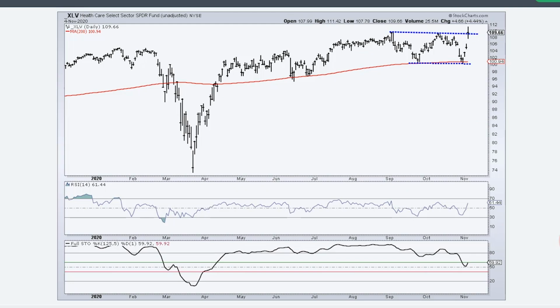Now, of course, the big move yesterday, Wednesday, was in healthcare. Everything healthcare related surged. Here's the healthcare SPDR XLV hitting a new high with a breakout. And so you can see it was kind of a laggard, because it had this big surge and then it just kind of worked its way higher.